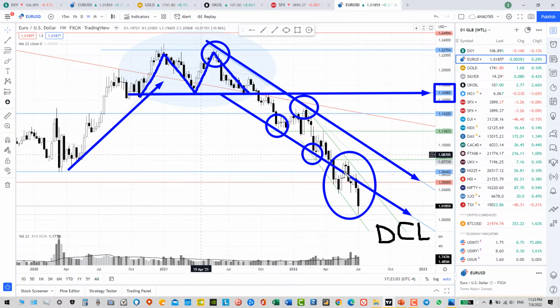And we notice that this faster rate of decline came at the same time as breaking the monthly support at 1.05. Once again, this level is very important. Keep this number in mind over the years to come, maybe 2 years, maybe 3 years. As long as the euro is below this number, things are not looking good for the European economy as well as for the euro currency.